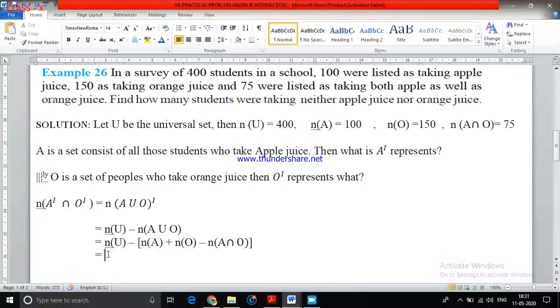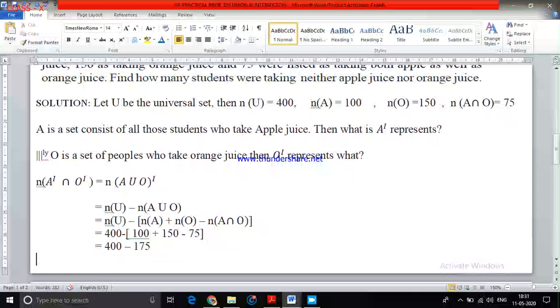Right? So now what is N of U we have? The answer is 400 minus N of A is 100, plus N of O is 150, minus N of A intersection O is 75. So in the next step, which is equal to 400 minus, within the bracket if I simplify, 150 minus 75 is 75, 100 plus 75 is 175.